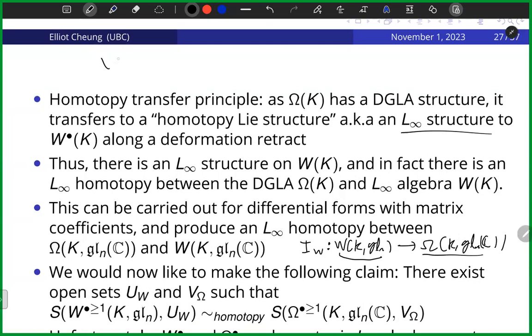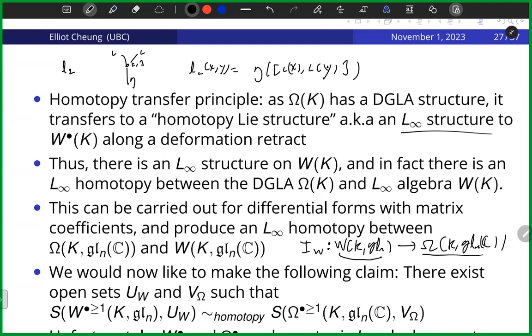There are some trees, some formulas that you can use. So, for example, you can write the bracket on Whitney forms using the homotopy, the inclusion, and the bracket upstairs. So then the L2 of X, Y is the homotopy of the bracket of X, Y, like this.